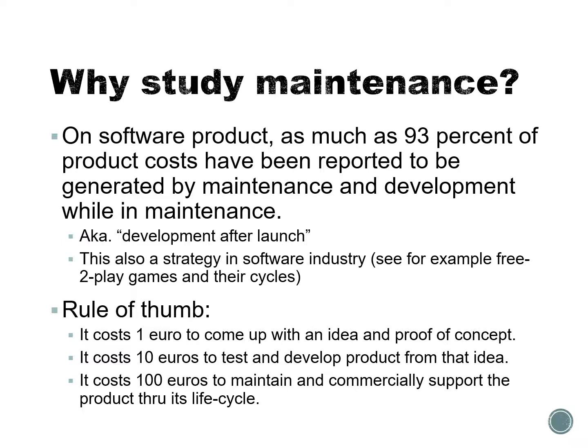And in fact, there's a rule of thumb here. This is also something that economists or marketing people keep saying, and it kind of holds true, although I think it's a bit too universalist: it costs €1 to come up with an idea and proof of concept, €10 to test and develop a product, and €100 to maintain and commercially support the product through its life cycle.